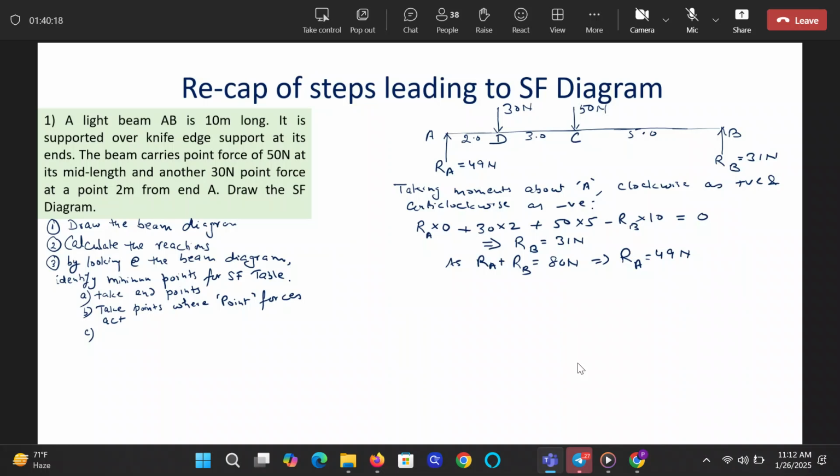I want to know whether you understand the meaning of point forces. Tomorrow you'll say, no, we didn't take there. We took them as endpoints. Yes, sir. So A, D, C, and B. All 4 points are having. So guys, as per the first criteria, endpoints A and B qualify. Let's deal with the points separately. As per the point forces, A, D, C, B all qualify. Am I right, guys? Yes, sir.